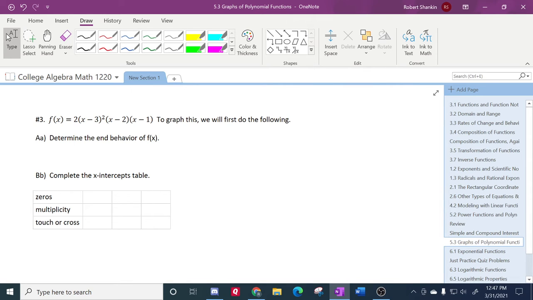So let me give you a minute to get ahead of me. Everybody fill in this chart themselves, and then I'll fill it in a minute. And also part A asks you to determine the end behavior. I'll do that too.